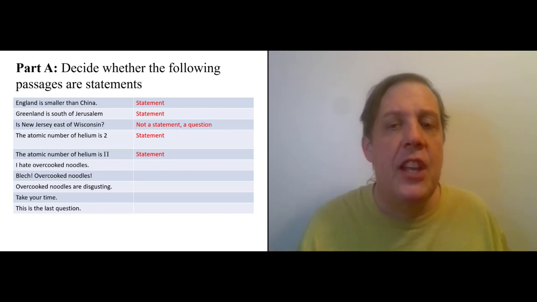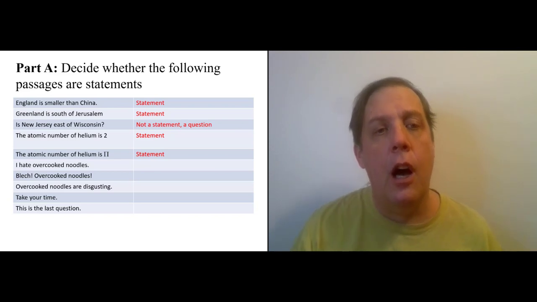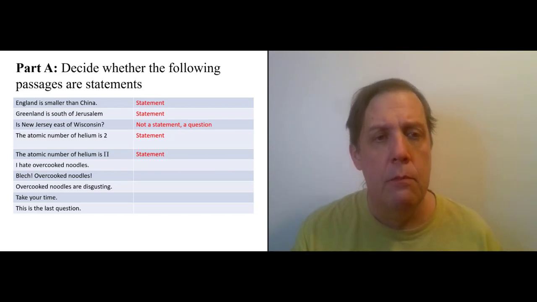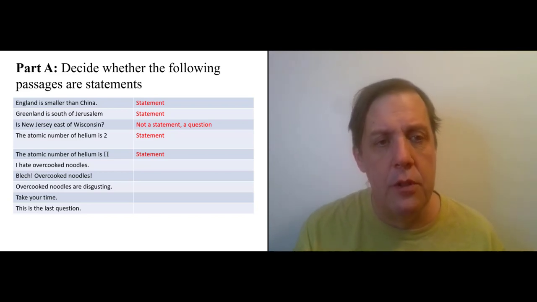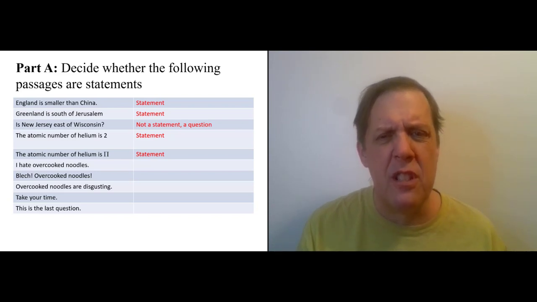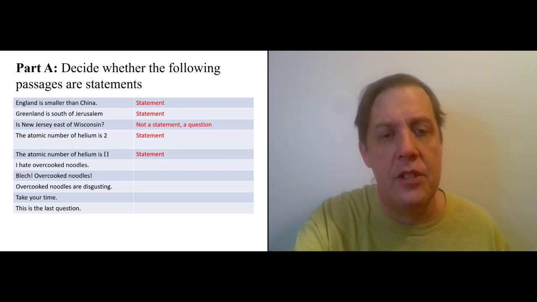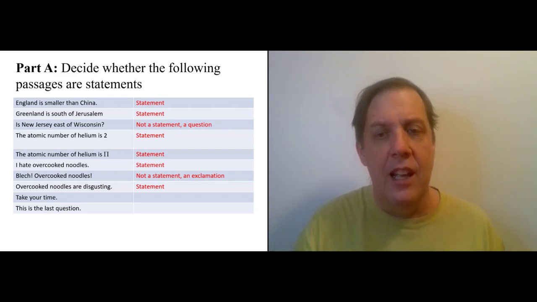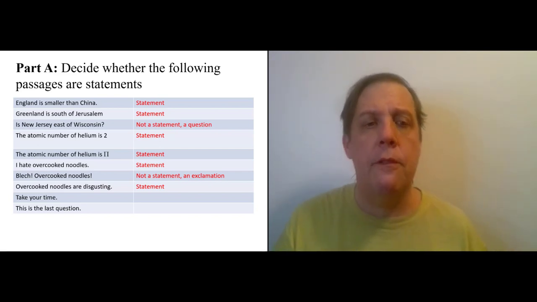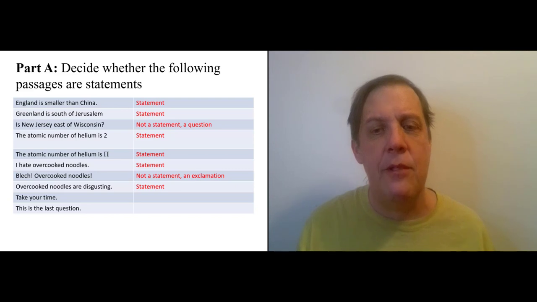The next three things go together. I hate overcooked noodles. Blah, overcooked noodles. Overcooked noodles are disgusting. Actually, the first and last one of these are statements, and the middle one is not. It's an exclamation. Now, it's funny because all three of these kind of do roughly the same thing.